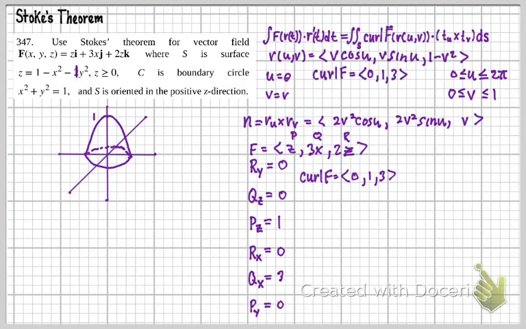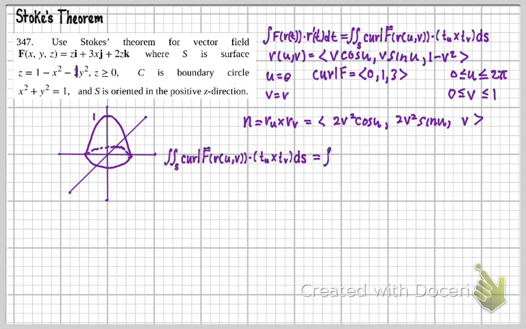So now I need the curl of f of ruv. But you notice they're all constants here, so it doesn't matter what the u and v are, and I can't really plug them in when there's nothing there to plug in. So it's going to end up being the curl of f is 0, 1, 3. So now we're ready to plug everything in and get our answer.